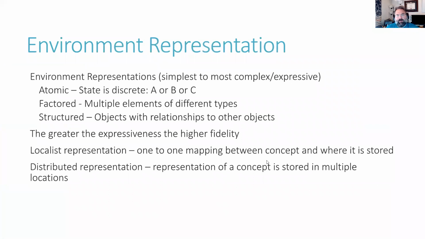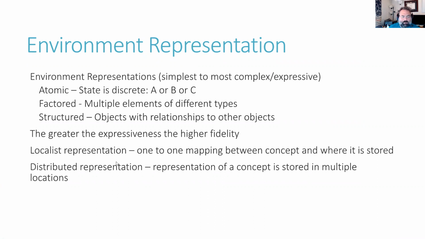Then we talk about how you represent an environment. It could be state discrete, could be factored, could be structured with hierarchies and so on. The greater the expressiveness, the higher the fidelity, but at the trade-off of potentially greater storage, and constraints often figure into that around the capabilities available to you to store things.